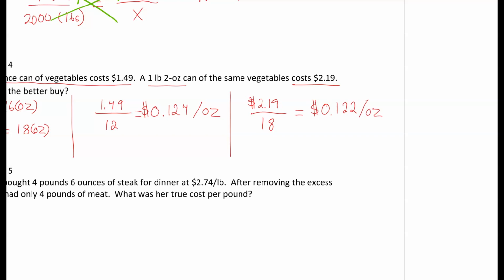Now, you can see why we went to the third decimal place here, because it went to a very precise number. So it's very close in comparison, but this is showing that our larger can, which we're paying $2.19 for, is going to be the better deal.